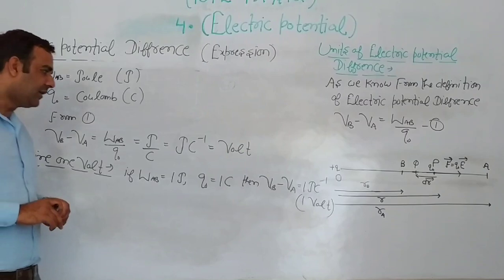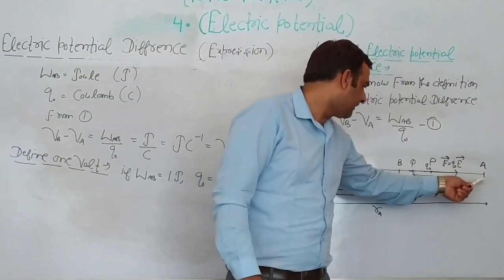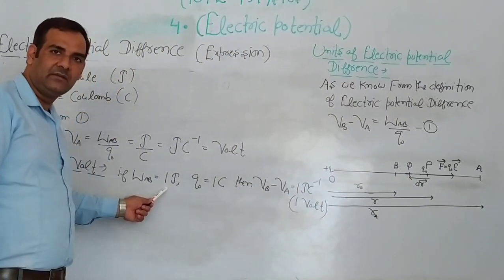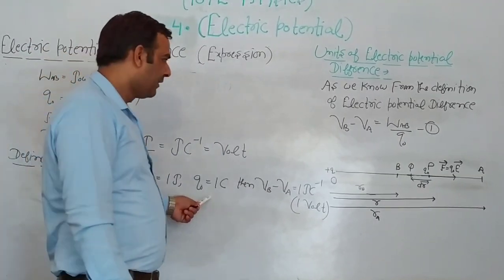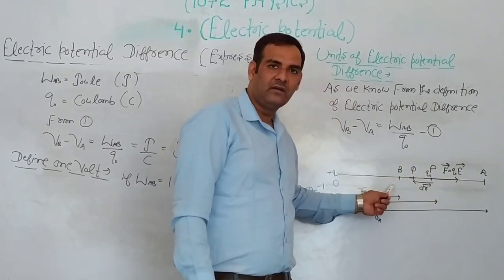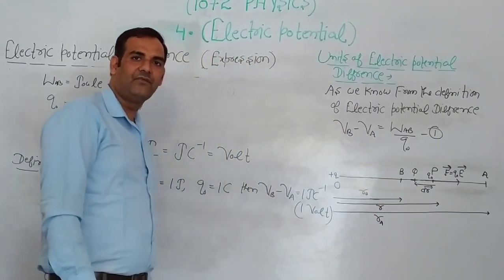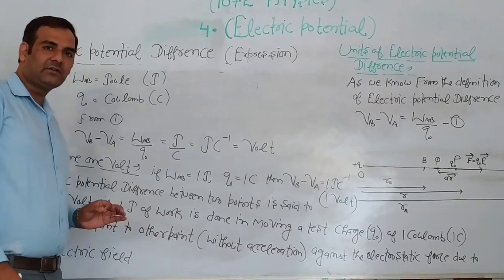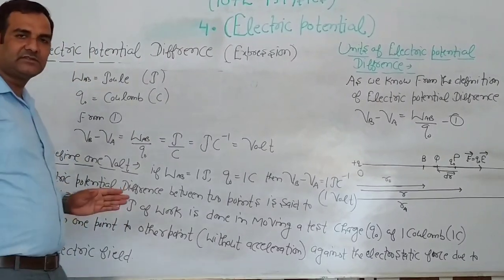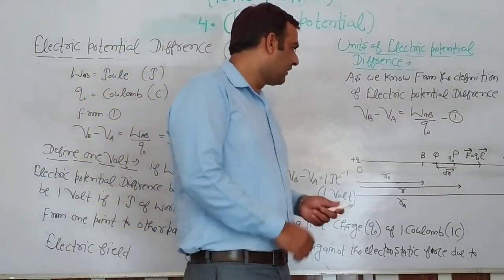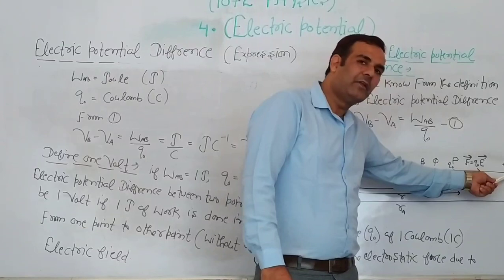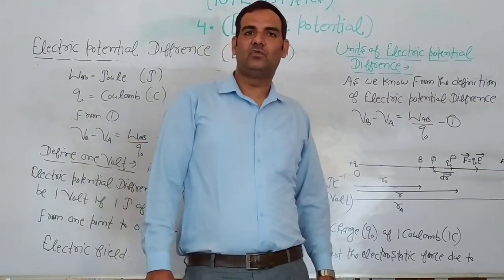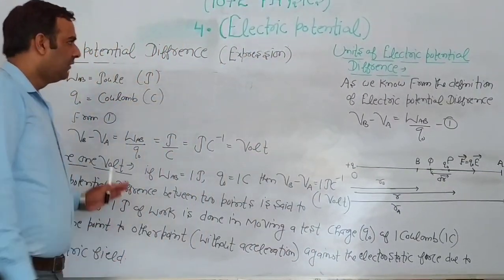So electric potential difference between 2 points A and B is said to be 1 volt if 1 joule of work is done in moving a test charge of 1 coulomb from one point to the other point against the electrostatic force in the electric field without acceleration. Clear? It was all about the 1 volt.